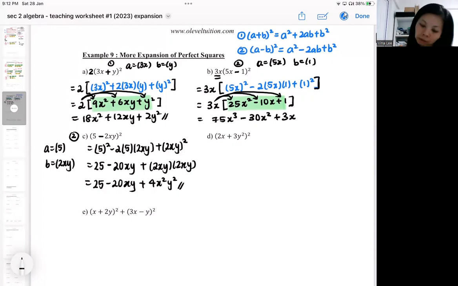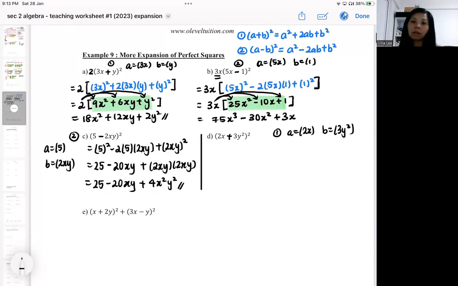Okay. Now, part D is also okay. There's no fraction. In part D, you can see it should be formula 1. Your A will be 2x. Your B will be 3y squared. So decide your formula, decide your A and B. Do the formula.